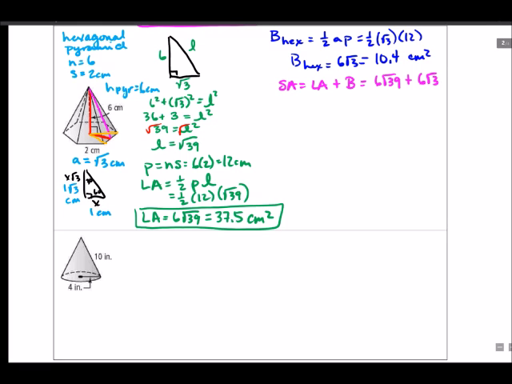Or I can just put it through my calculator, and surface area equals 47.9 centimeters squared. So we could leave it in simplest radical form or to the nearest tenth.